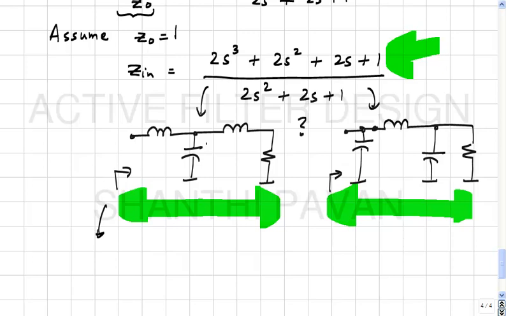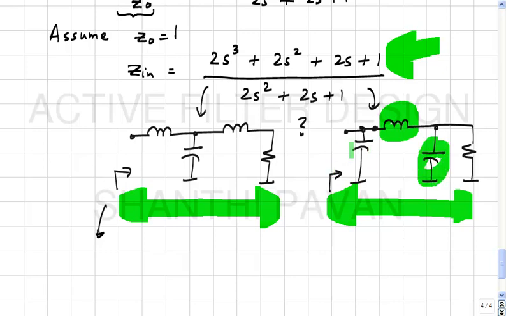At very high frequency, the inductor becomes open, this becomes a short, right? So at very high frequencies this network looks like an inductor. You understand? Whereas at very high frequencies this becomes an open, this becomes a short.